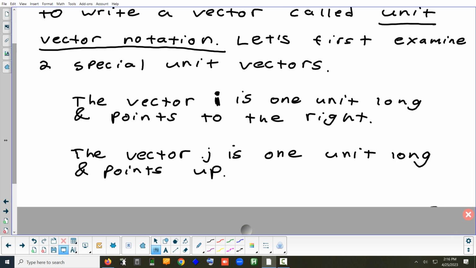And the second one is J. If you call a vector J, it always means that it is 1 unit long and it points up. Always. J cannot be anything else other than that. So J is 1 unit long and it points up.